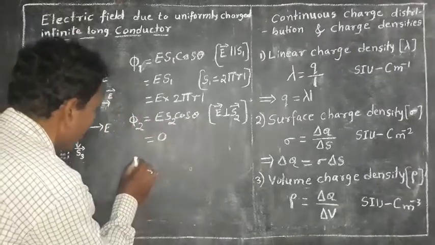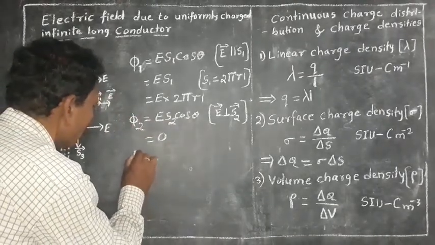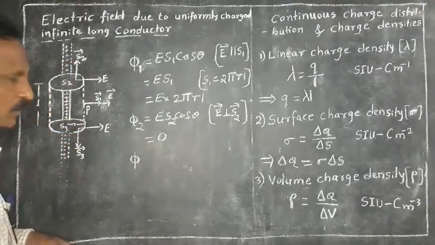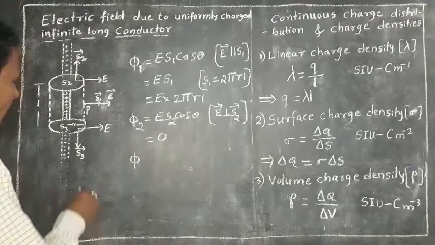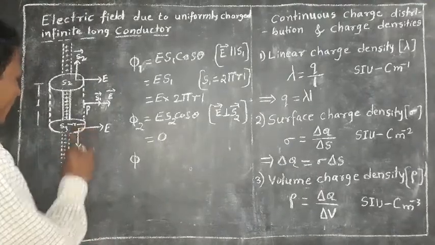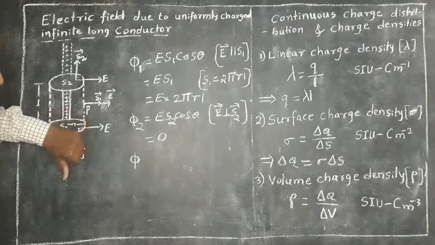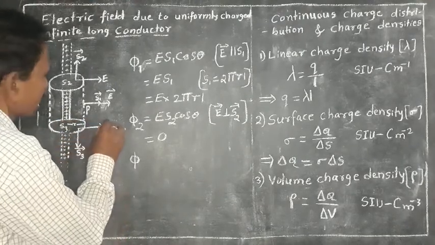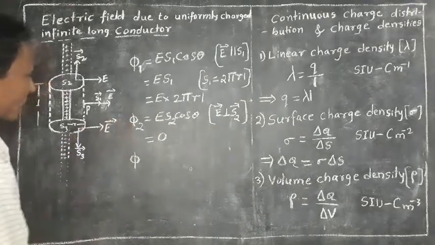Then phi 3 is the flux through the bottom surface. For the bottom surface, the area vector S3 is the outward normal, and the field vector is parallel to the surface.